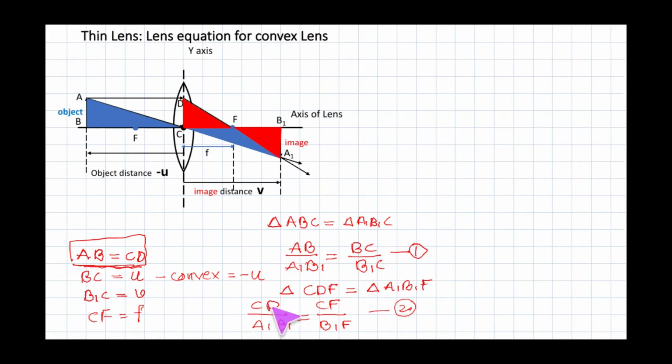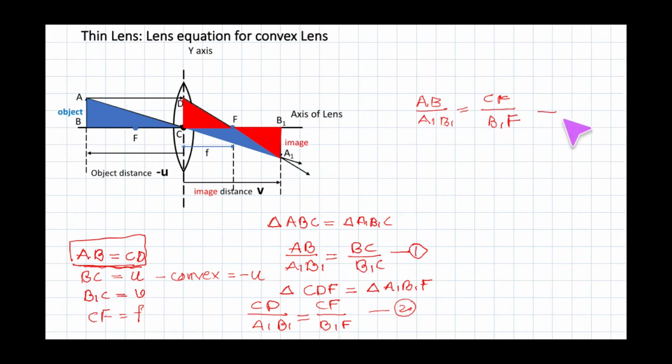So we can put here the value of AB also. So replacing this in equation 2, instead of CD we get AB upon A1 B1 is equal to CF upon B1 F. So this is another equation which we have got.